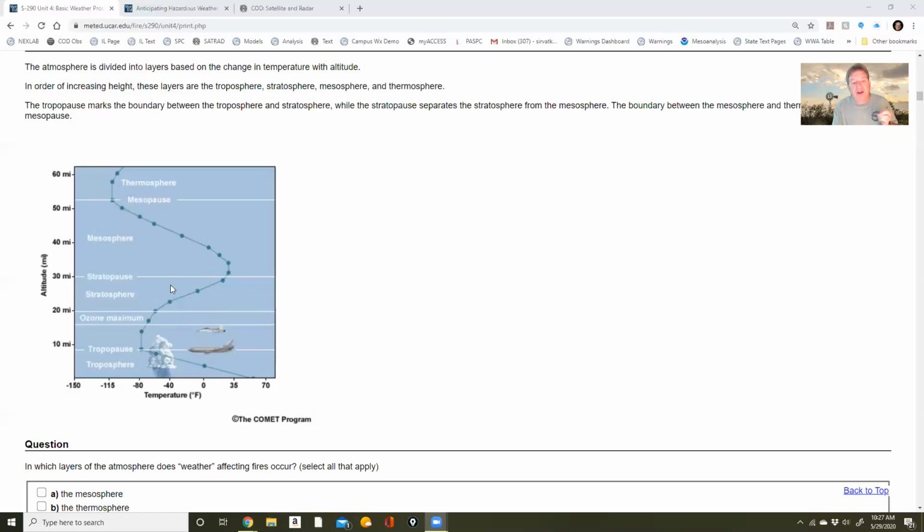And then in the stratosphere, the temperatures go up. Now, do you agree that the atmosphere is cooling in the troposphere as you go higher? That's called a positive lapse rate, L-A-P-S-E. A lapse rate is a rate of cooling. Do you agree in the troposphere it is cooling as you go higher? But what about the stratosphere? Is that going to be a rate of cooling?